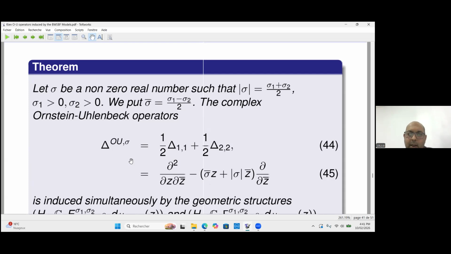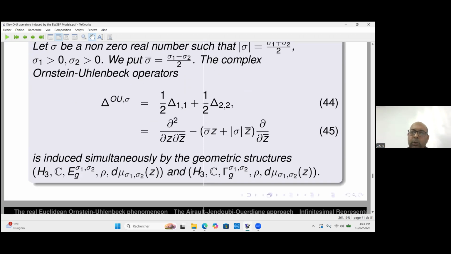And the conjugate of this secondary differential operator is invariant, and we conclude that there are two perturbed geometric structures induced, of Ornstein-Uhlenbeck type, related to the measure.